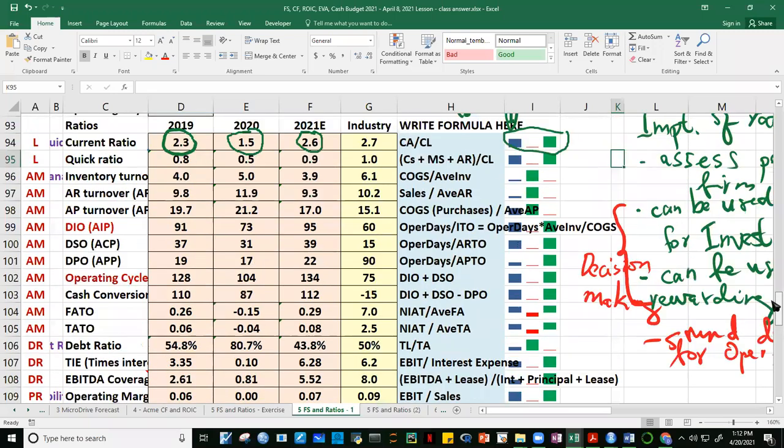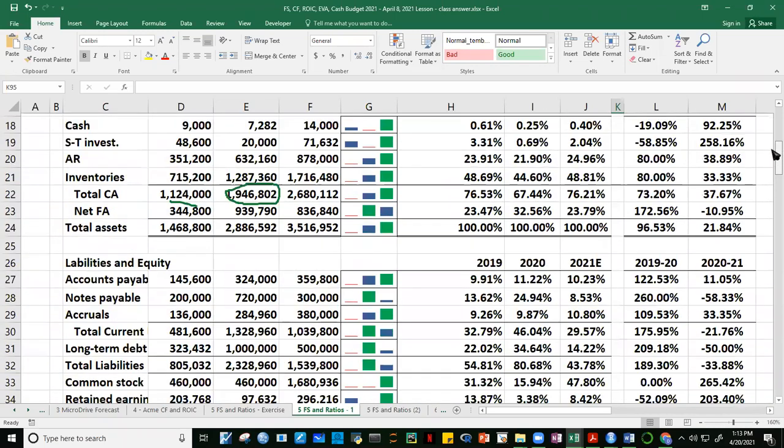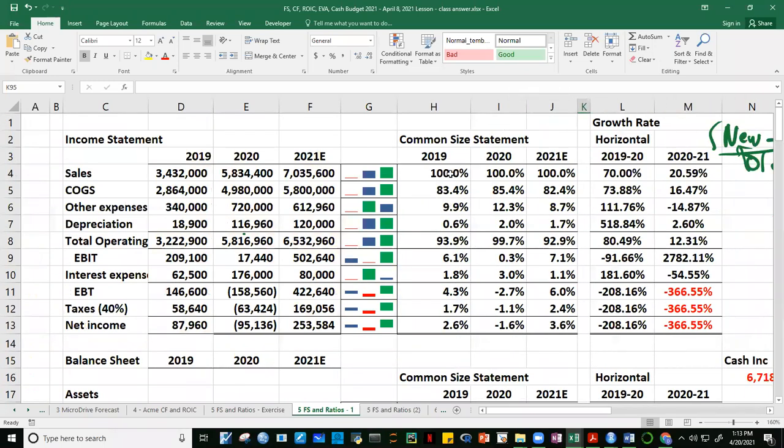So these are the ratios I expect you to do, to analyze, to use as your framework for analyzing the performance of a firm. And then remember that you have to also look at your common size statement, otherwise known as your vertical analysis, where you take a look at the composition of your income statement and your balance sheet relative to a particular benchmark.